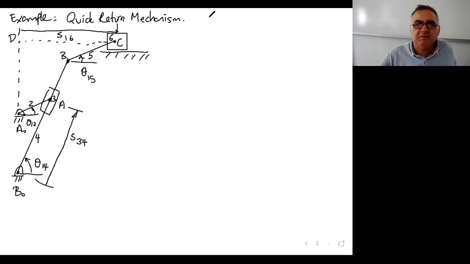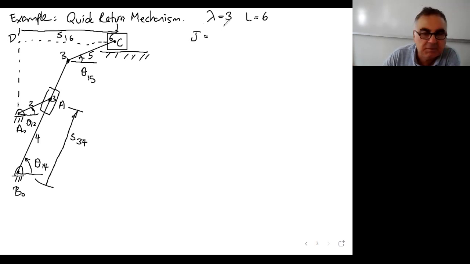Now for this mechanism, the degree of freedom of space is 6. The number of links is 6. Degree of freedom of the space is 3, I'm sorry. The number of joints, J, is equal to what? 7.